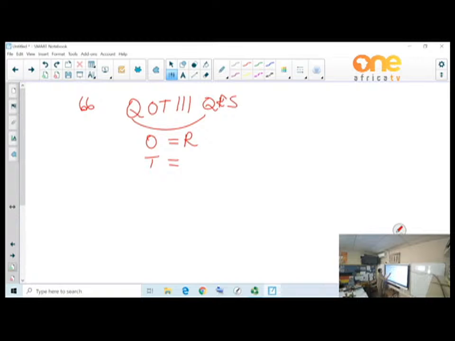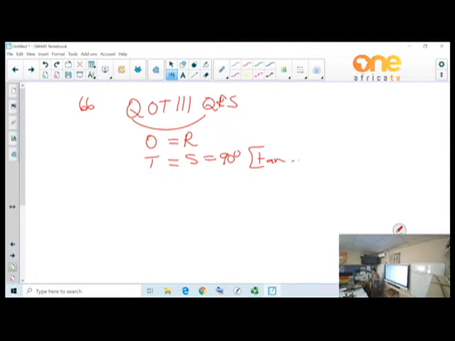This is corresponding, and T is equal to S is equal to 90 degrees. Q is a common angle, and this too is 90 degrees because it's the tangent there. Obviously, then your third angle will be equal. So that's how we show similarity.